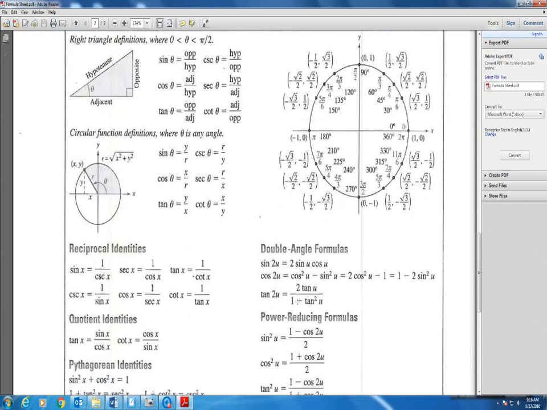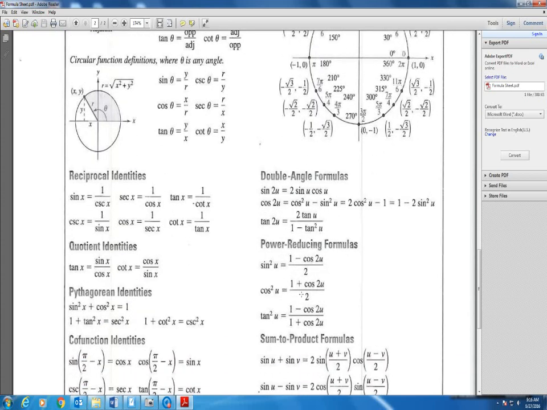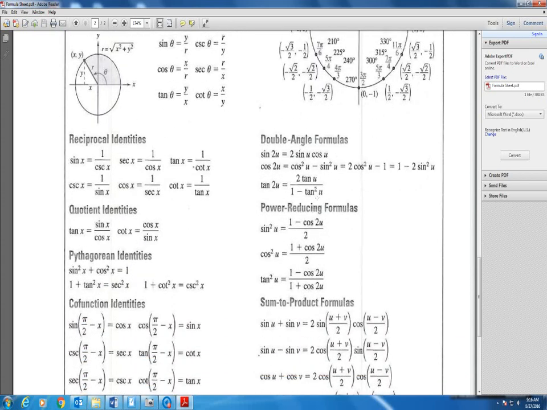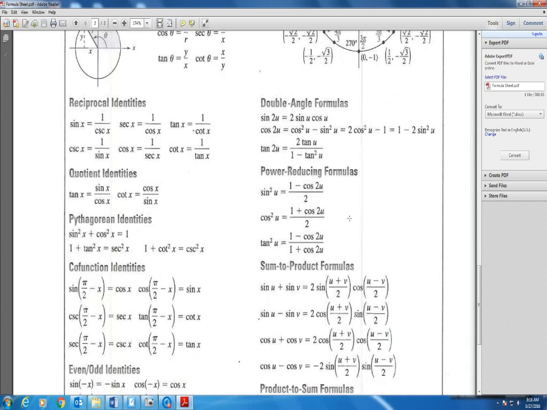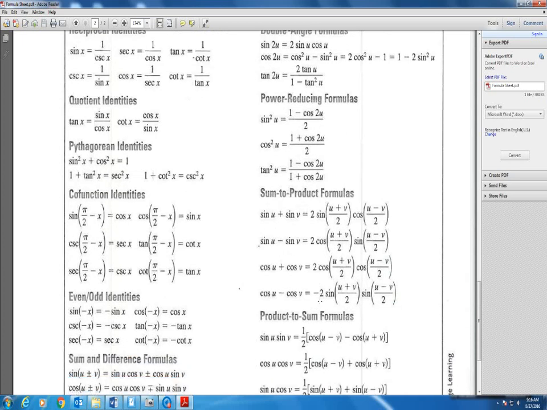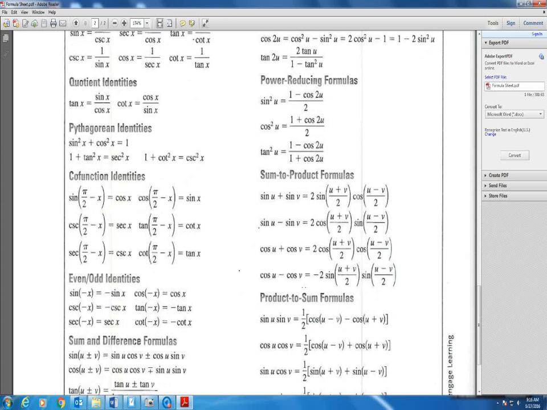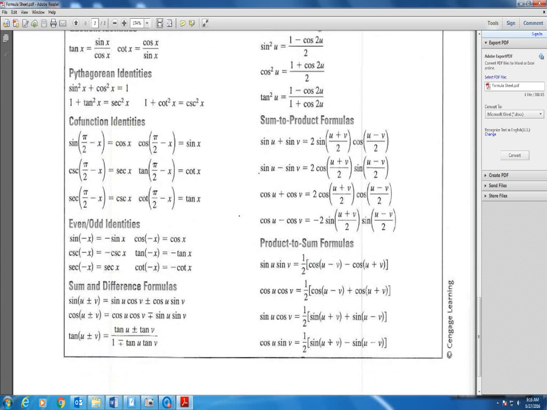So always look out for some of the double angle formulas here, power reducing formulas, sum to product formulas, product to sum formulas. We're always going to watch out for these, because if I end up with something like cosine of x times cosine of y, I can actually manipulate it to make it look something like this.